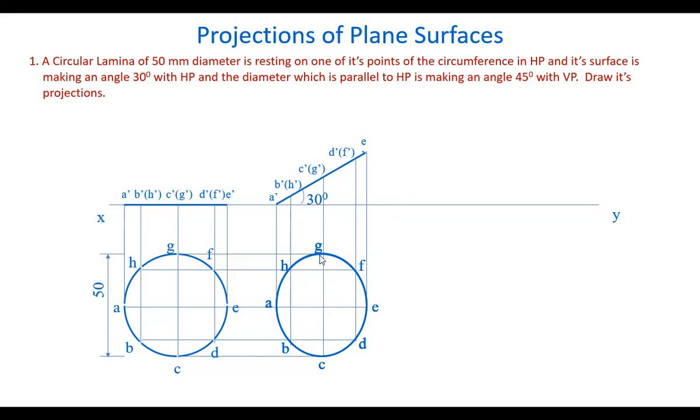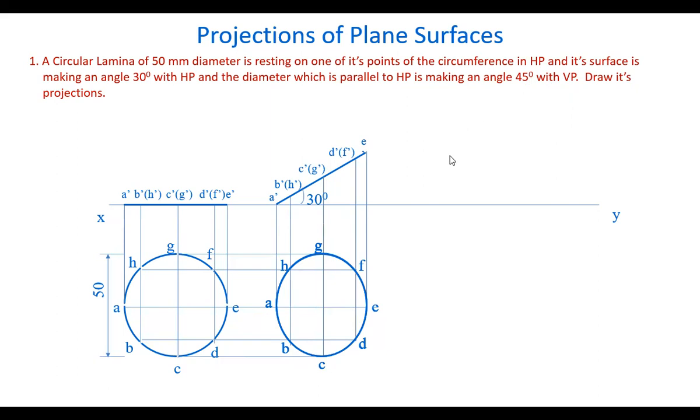So coming to this GC, GC is a point in the front view and here is a line perpendicular to the VP or parallel to HP. Now we are talking about this diameter, which is parallel to HP, making an angle of 45 degrees with the HP.